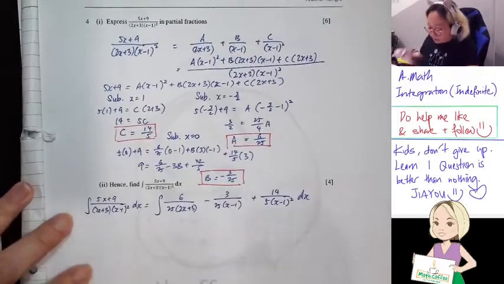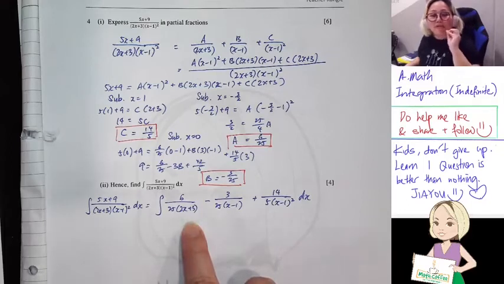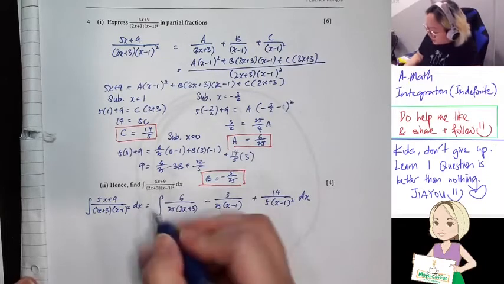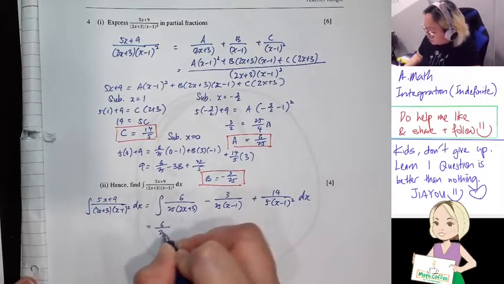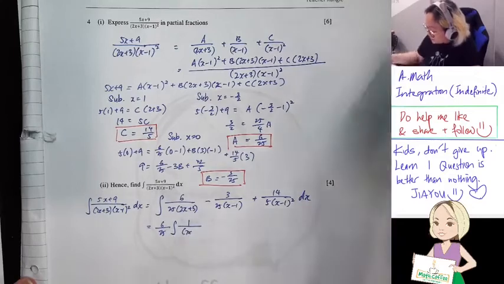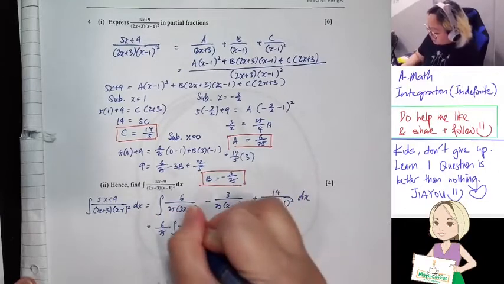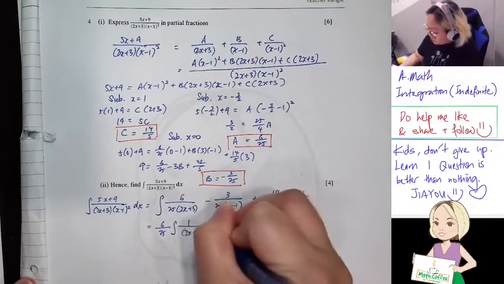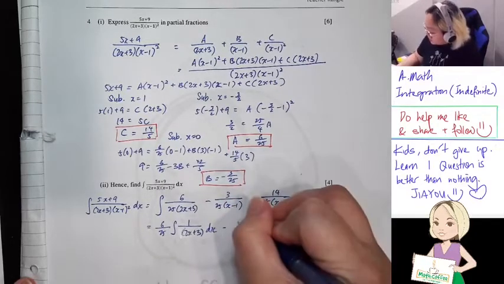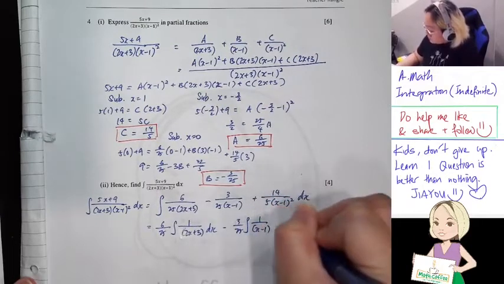Okay, so now we can proceed to integrate this. So remember, when we integrate anything to the power of negative 1, it is related to ln. So I will write this as 6 over 25 integrating 1 over 2x plus 3. Then this will be 3 over 25 integrate 1 over x minus 1 dx.